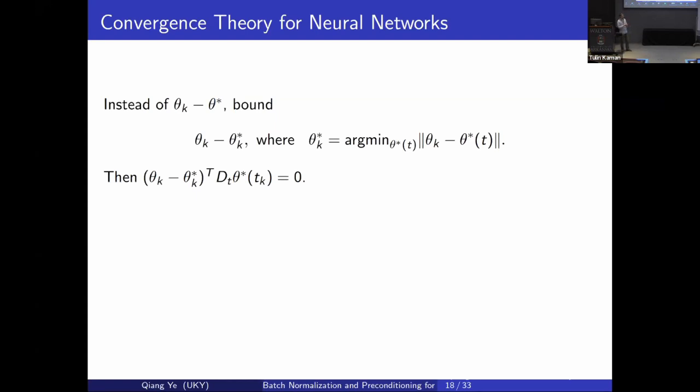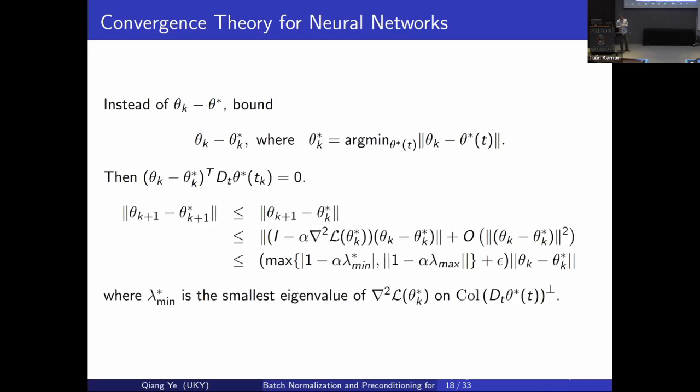is the error vector, which is perpendicular to the tangent space. If you go through the proof of the error bound that we have, you write it as I minus alpha times the Hessian, times theta k minus theta k star. Now theta k minus theta k star is perpendicular to the tangent space, but the tangent space is the null space of the Hessian, so we can project that out.